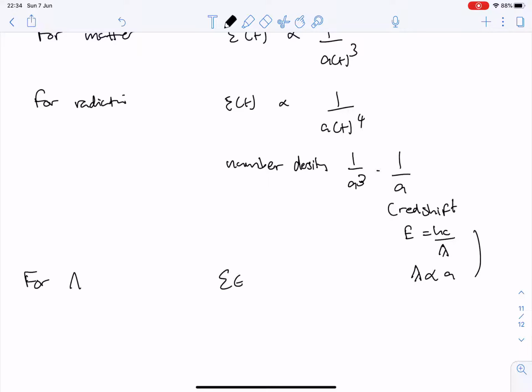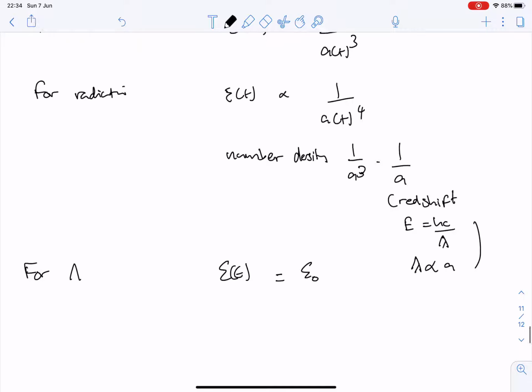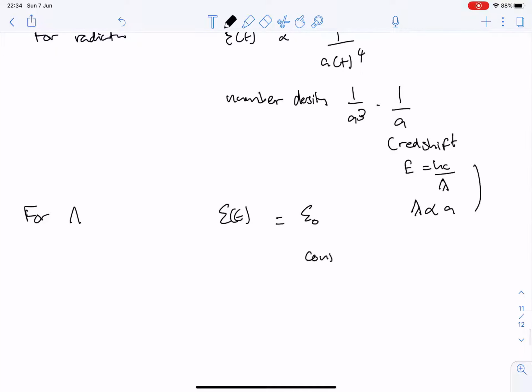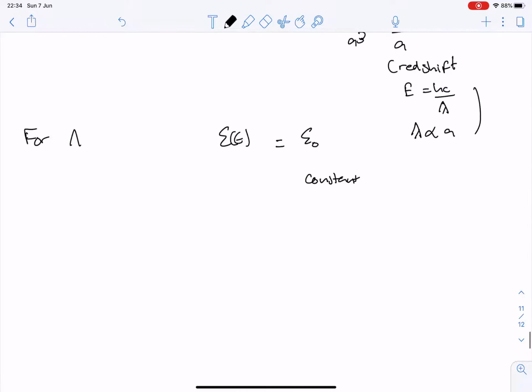And then you have the very weird one, where for lambda, E of t is just equal to a constant. And remember, E is an energy density. It's not an energy, so it's joules per cubic meter, or something like that.